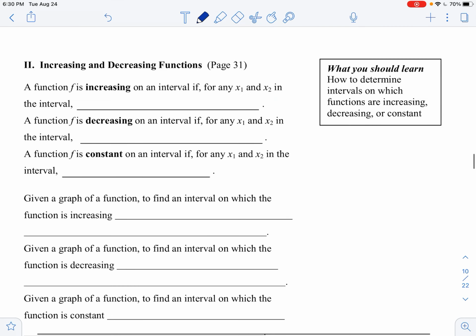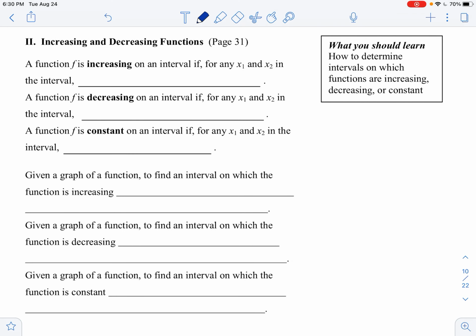Okay, let's talk about decreasing and increasing functions. Here's the deal. An increasing function is simply one where if you've got a value x1 that's less than a second value x2, it implies that f(x1) is less than f(x2).